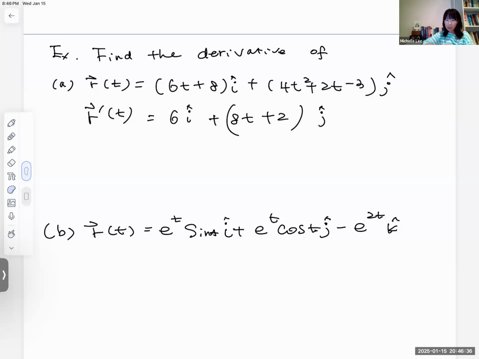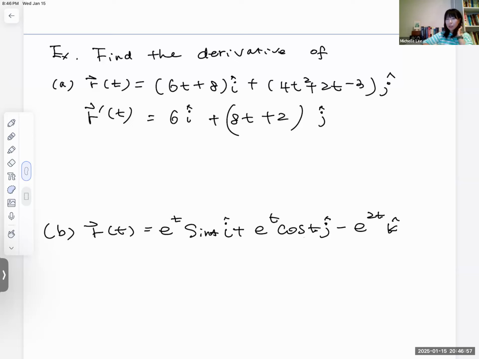Okay, so the second one, we have e to the t power sine t i hat plus e to the t power cosine t j hat minus e to the 2t power k hat, right?